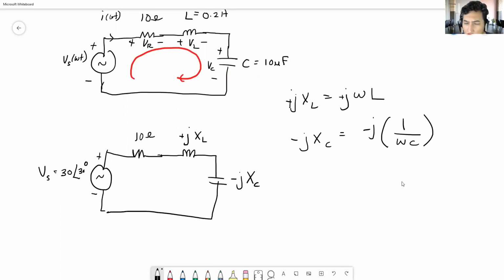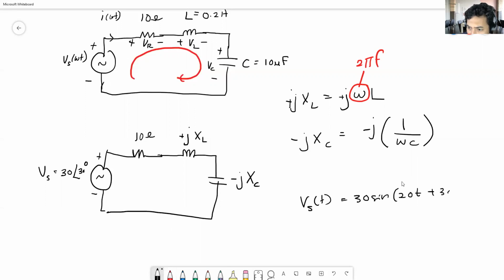Clear? So what is omega? Omega is actually 2 pi f. And what is your f? f is actually already given. For example, we have the voltage source right now, which is 30 sine 20t plus 30 degrees.